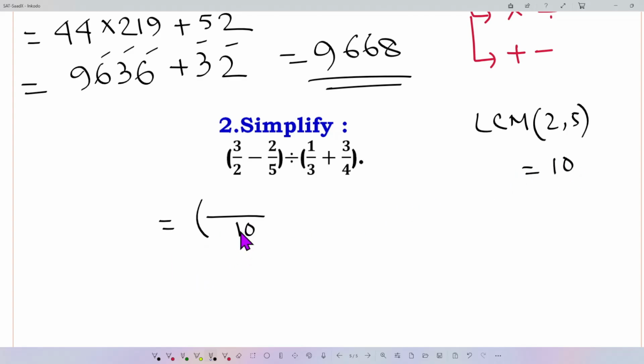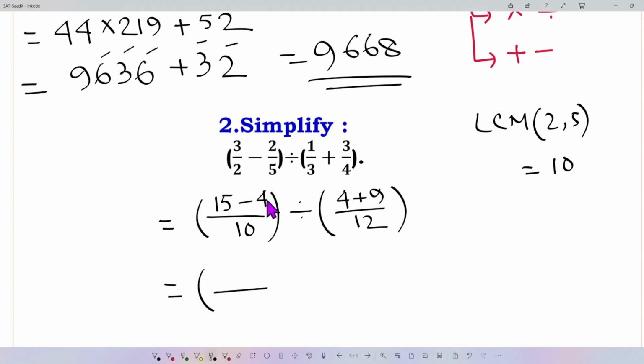So 10 divided by 2 is 5, 5 times 3, 15, minus 10 divided by 5, 2, 2 times 2, 4. Divide 3 and 4, LCM 12, so here is 4, and 12 divided by 4 is 3, 3 times 3 is 9.